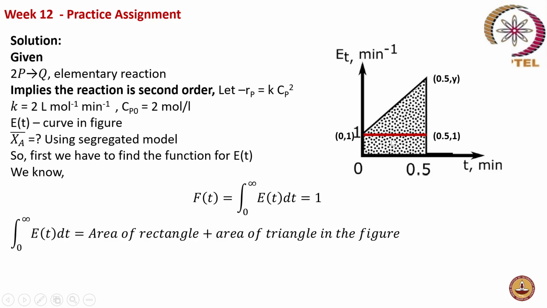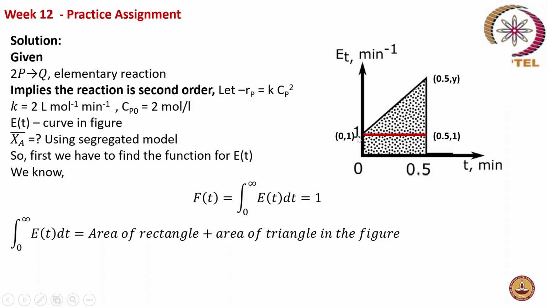This can be further written as the integral from 0 to infinity of E of t dt equal to, if you look into this figure, the entire figure can be split into two parts. One is a rectangle up to this, and then a triangle. So it is the area of rectangle plus the area of triangle.